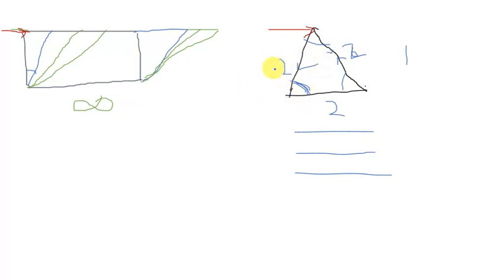But if you're given 4 lengths so that you form a rectangle, you can form as many rectangles as you want, right? Depending on the angle here.